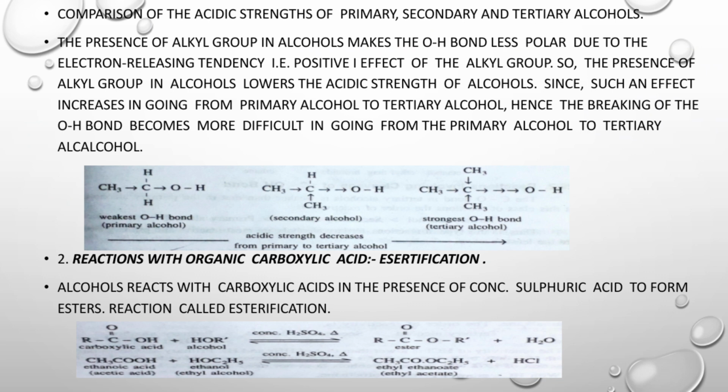So it is more acidic than primary alcohol, that is, tertiary alcohol is more acidic than primary alcohol. Secondary alcohol is also more acidic than primary alcohol, and secondary alcohol is less acidic than tertiary alcohol and more acidic than primary alcohol.